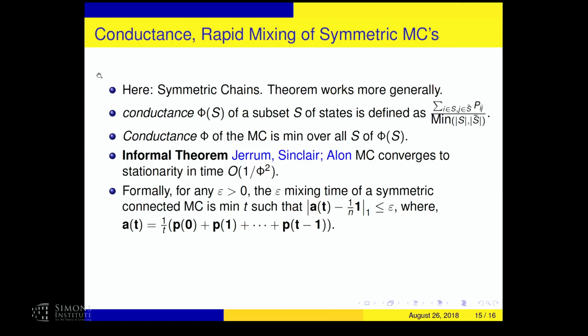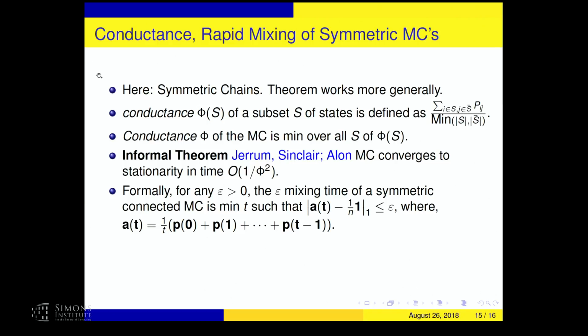So formally, we have switched to taking running averages. So P naught is the probability distribution at time 0, then time 1, up to time t minus 1. I take the average of those. That's a running average. That gives you the expected fraction of time spent in each state over time t.